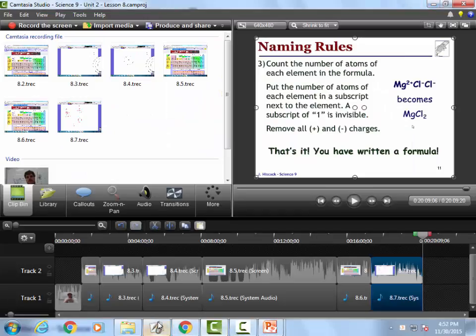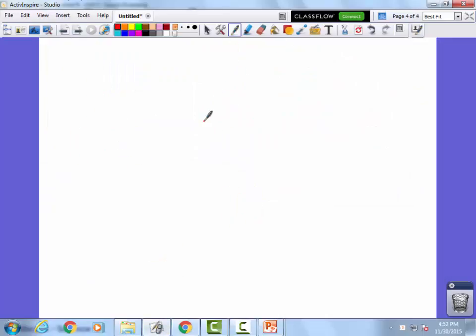So let's go over here. If I had iron, there's 2 options for it. If I had Fe2O3, like this, and I wasn't sure which ion I'm talking about, is this Fe2+ or Fe3+? Because it does make a difference.